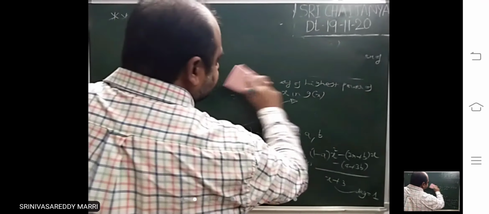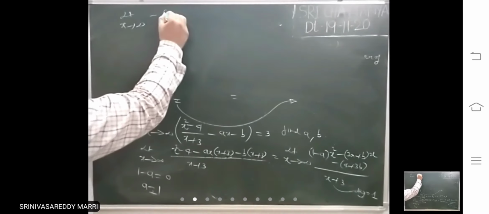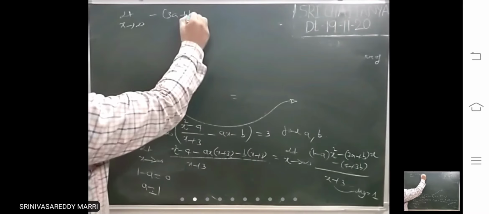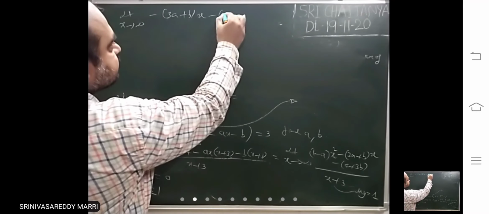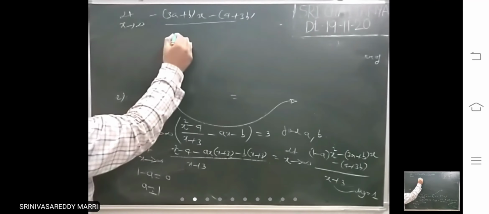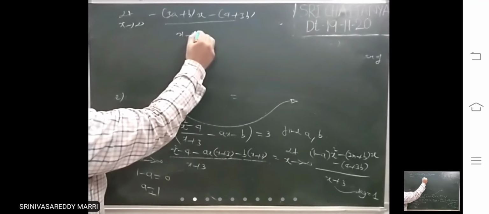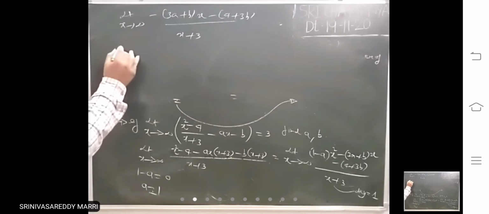Then take it as 0 and write the remaining one: minus of 3a plus b into x, minus of 4 plus 3b, divided by x plus 3. This limit we will calculate now.